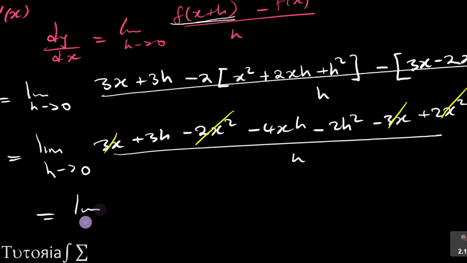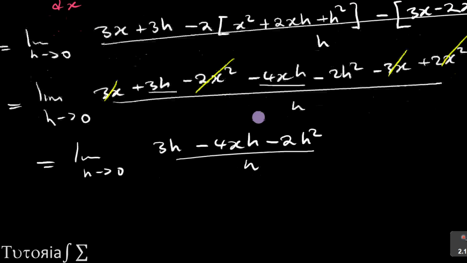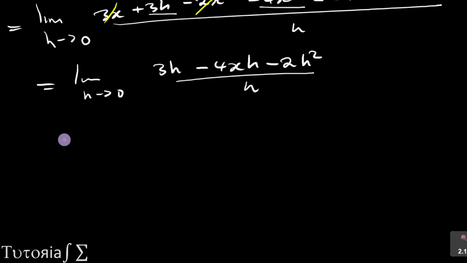So we have the limit as h approaches 0. Then this will be 3h. This will be negative 4xh, minus 2h squared all over h. So we can factor out h on the numerator. So we're going to have the limit as h approaches 0.